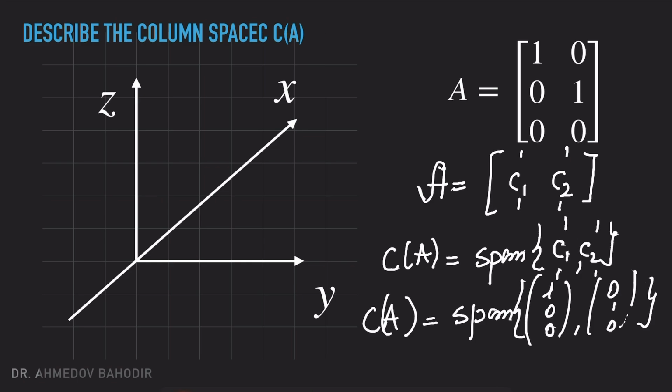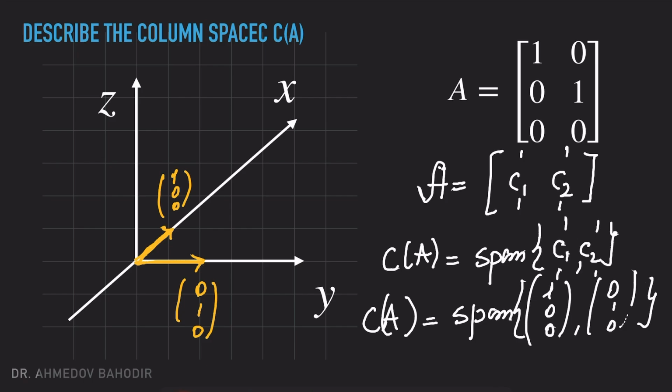So let's try to draw these two vectors. The 1, 0, 0 is going to be this vector along the x-axis, and 0, 1, 0 is going to be this vector along the y-axis. What defines all linear combinations of these two vectors is the plane, right?